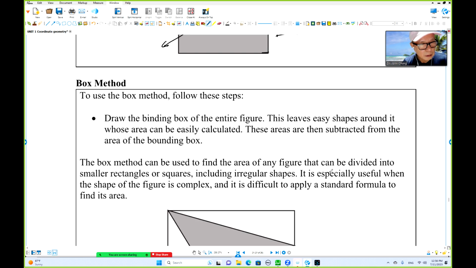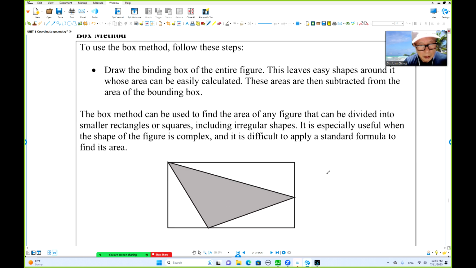Second is the box. Sometimes it is irregular over here. This is a triangle, but in the coordinate plane, finding the length of this one is a little hard, and the height too. Using coordinates, we have to use the distance formula, find the perpendicular, and find this one again.